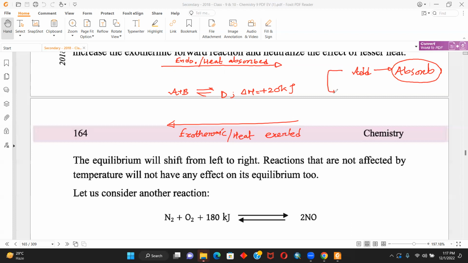So that means if I add heat in the equilibrium state of the reaction, the rate, not actually rate, you could say the equilibrium state will shift to the forward, or the rate of forward reaction will increase, something like that.